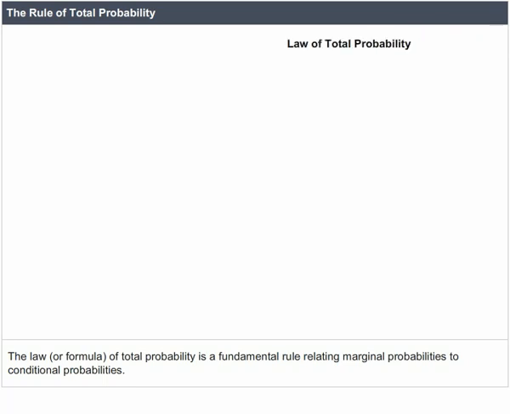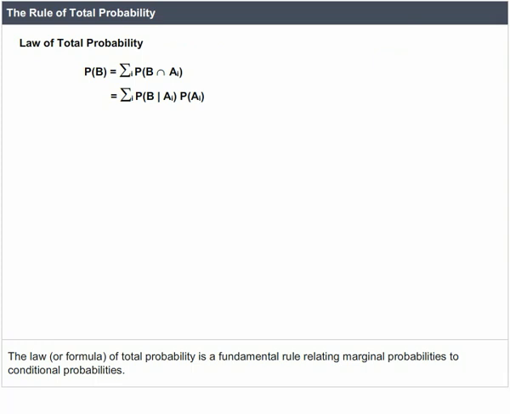The rule of total probability. The law or formula of total probability is a fundamental rule relating marginal probability to conditional probabilities. Law of total probability: P of B equal to summation P of B intersection Ai, equal to summation P of B given Ai into P of Ai, where Ai intersection Aj is empty, mutually exclusive, and union Ai equal to omega, collectively exhaustive.